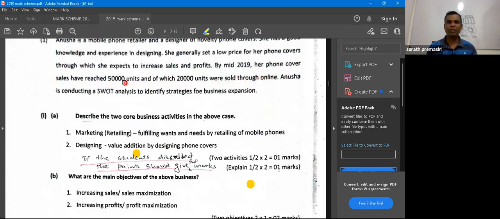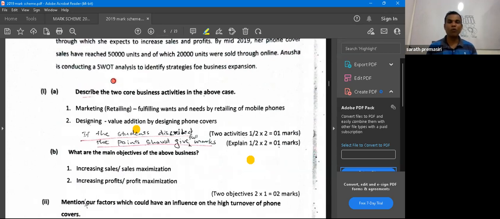Now, by mid-year of 2019, she has been able to produce and sell 50,000 units of phone covers. This is a huge amount for Anusha's business. Now, our question is, what are the reasons? Four factors which could have an influence on high turnover of phone covers.